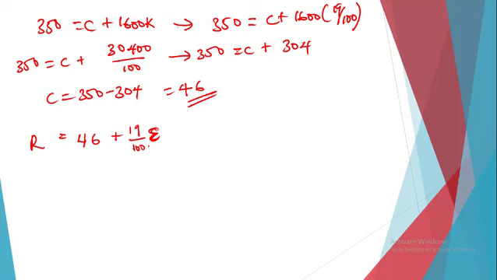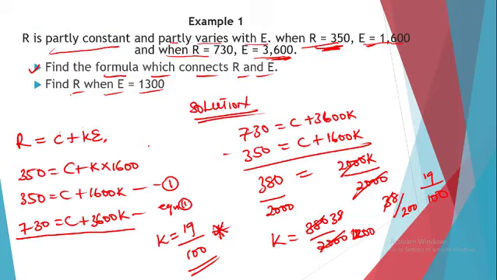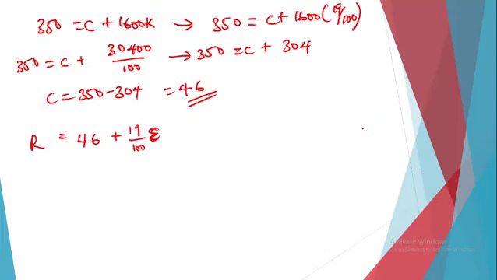And then the B part of it said we should find R when E is equal to 1300. So we substitute the value of E in that equation, 1300. Therefore we have R equal to 46 plus 19 over 100 times 1300.